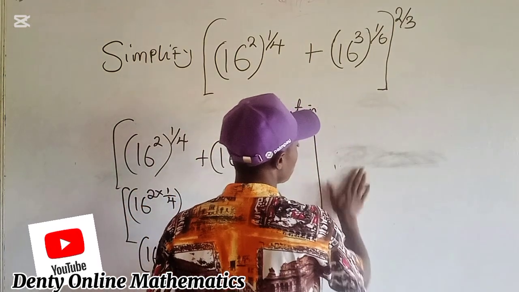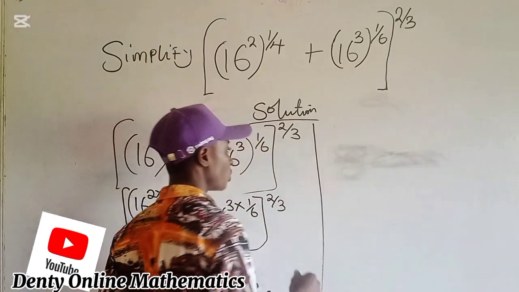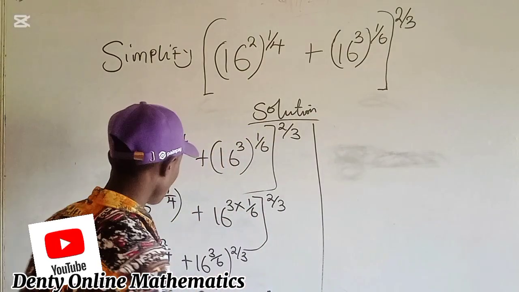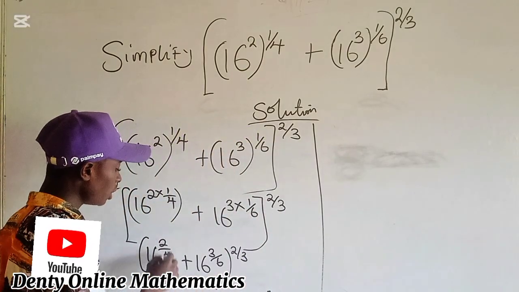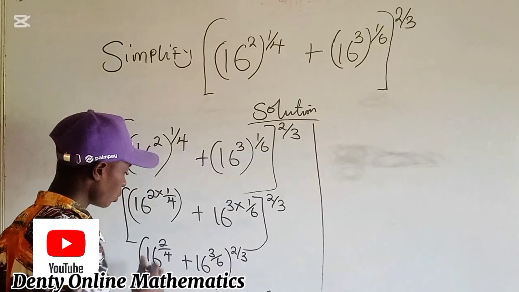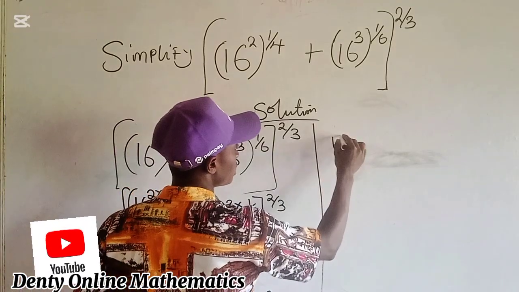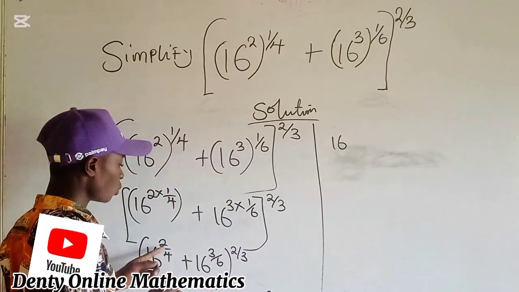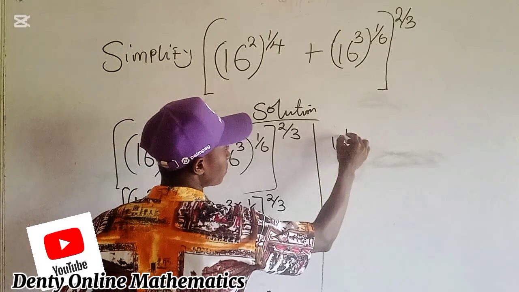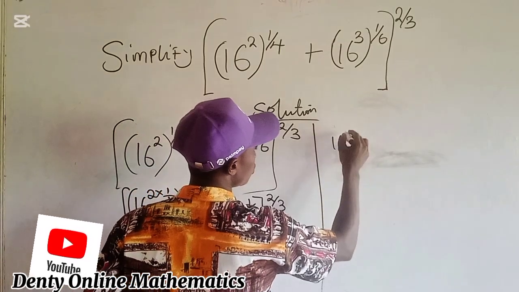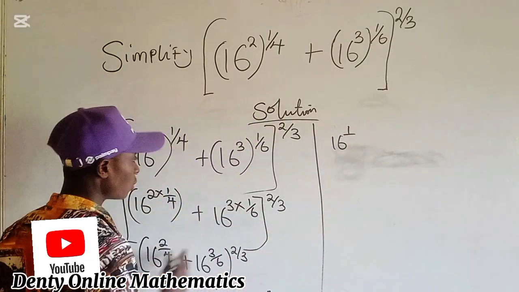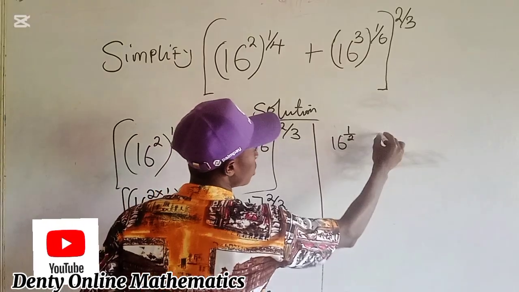We are still going to be using the rule I stated earlier. So 2 over 4: 2 will go into 2, 1, and 2 will go into 4, 2.